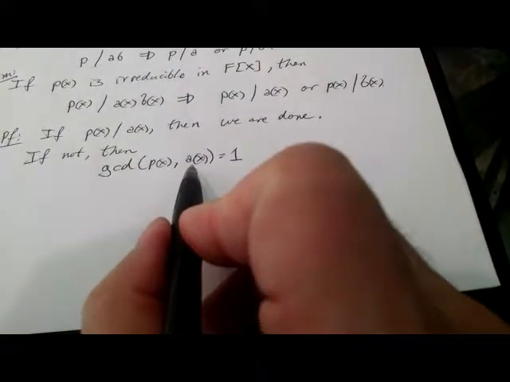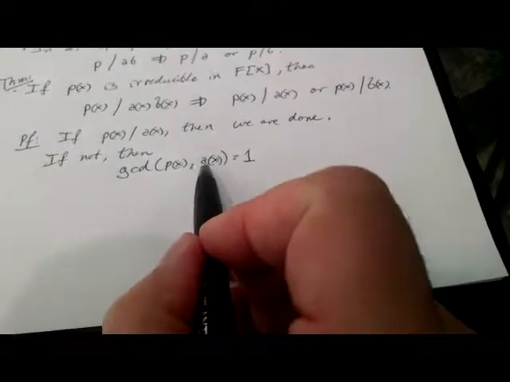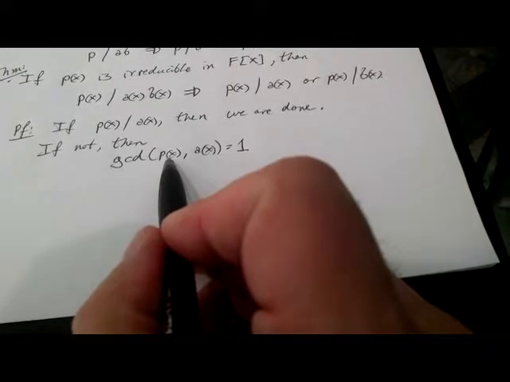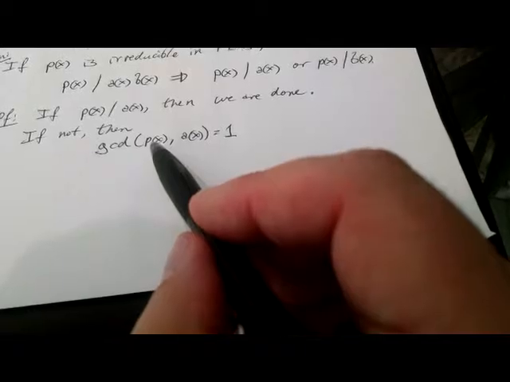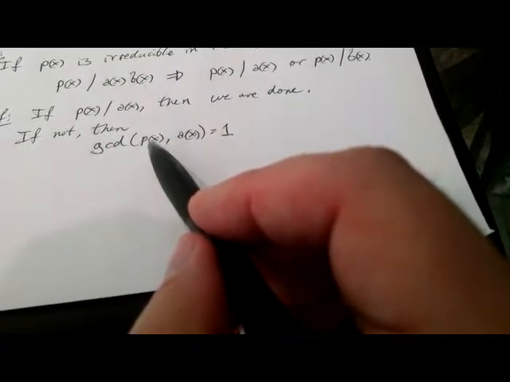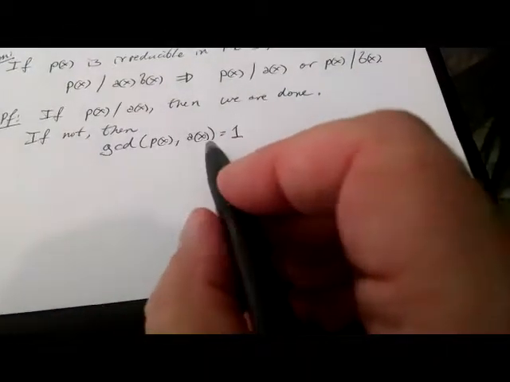Because the GCD of p of x and a of x is a common divisor, so in particular it's a divisor of p of x, which means that it's either an associate of p of x or it's a unit. It can't be an associate, because if it's an associate we have p of x dividing a of x, so it must be a unit, and so the GCD is 1.